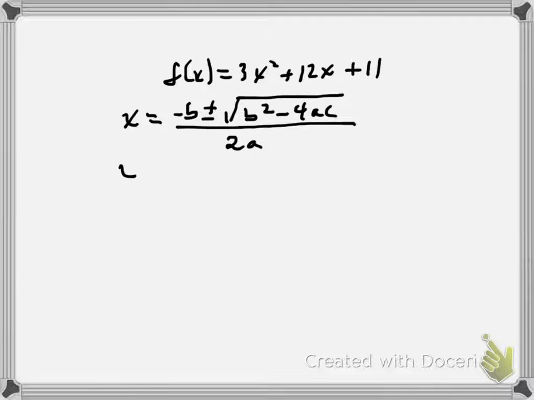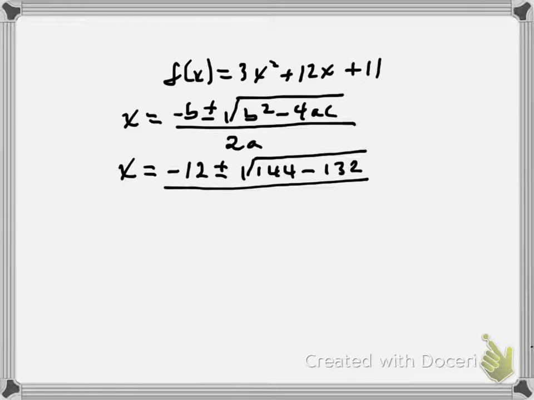So x equals negative b, so that's negative 12, plus or minus the square root of b squared. So I have 144, since 12 squared is 144, minus 4ac, so minus 4 times 3 times 11, so minus 132, divided by 2a, so 2 times 3 is going to be 6.